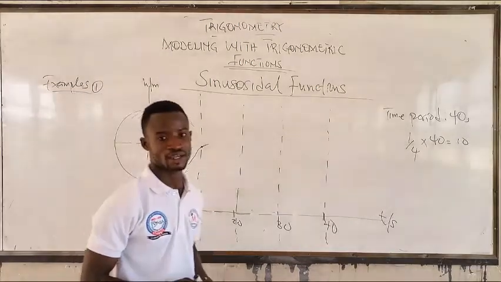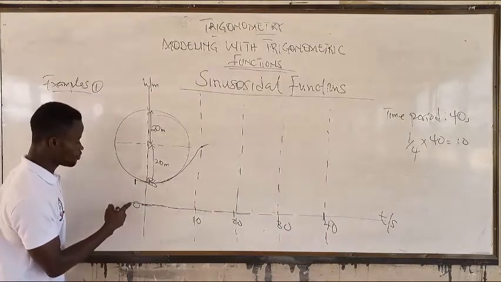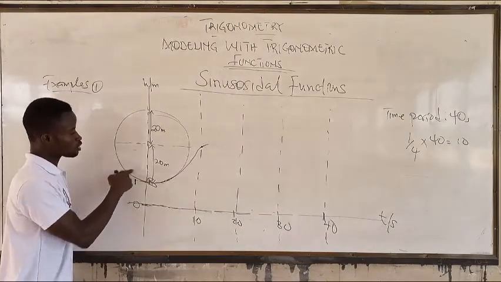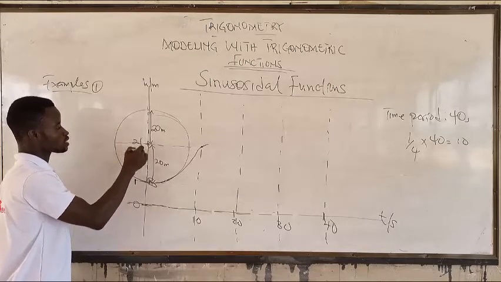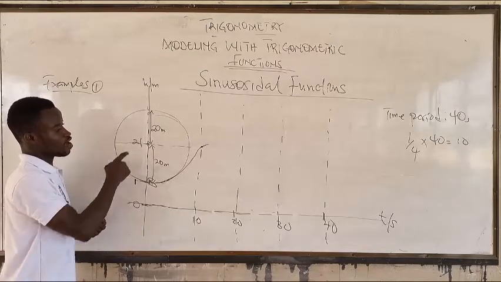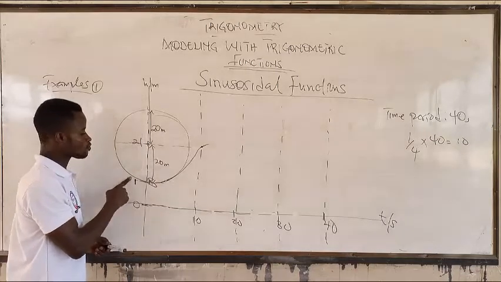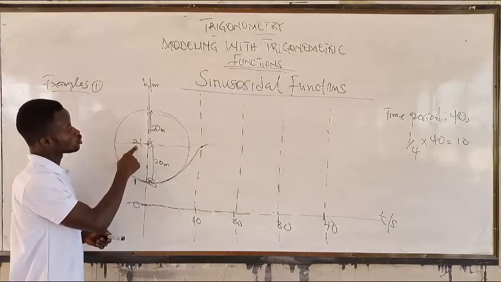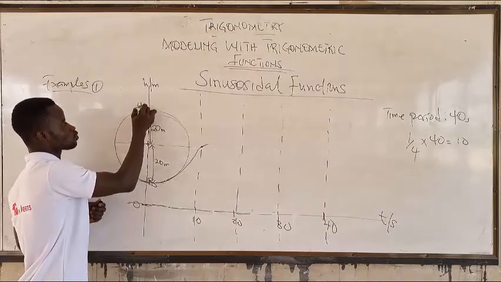Now if from here to here is 1, and from here to here is 20, that means that here will be 21. From 21, what is going to be here? From here to here is 20, so 20 plus 21 is going to be 41.